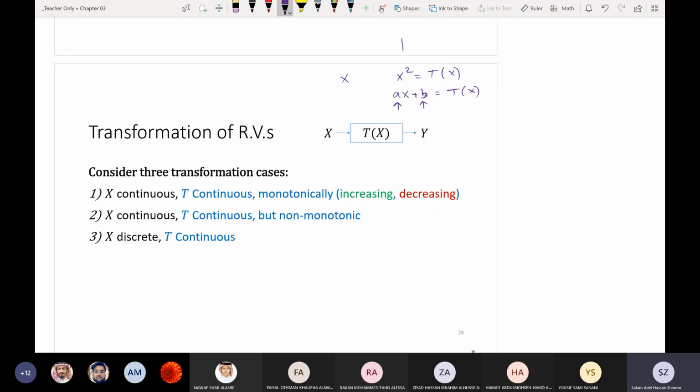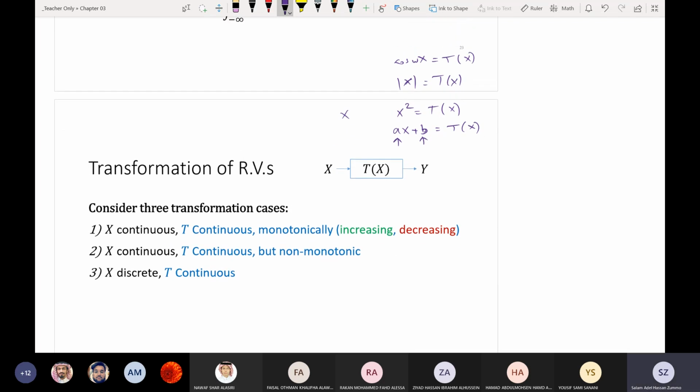For example, the square law detector, X squared, the absolute value of X. This is another T of X. And you can think about many others. The modulator, cosine omega X, assuming that X is the information. And this is in FM, for example.